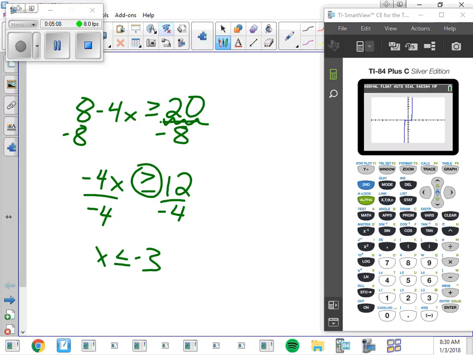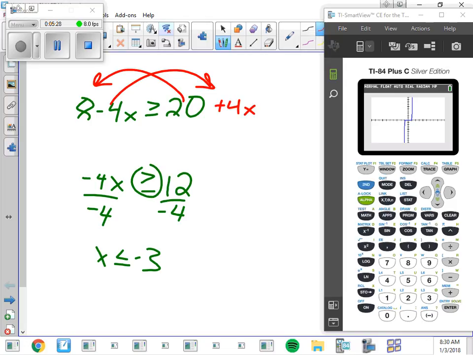There are two explanations. For the first one, I'm going to solve this in a little bit of a different way. What if I move this over and I move that back? Watch what happens. I'm going to add 4x to this side and subtract 20 and subtract 20. Negative 12 is greater than or equal to 4x.